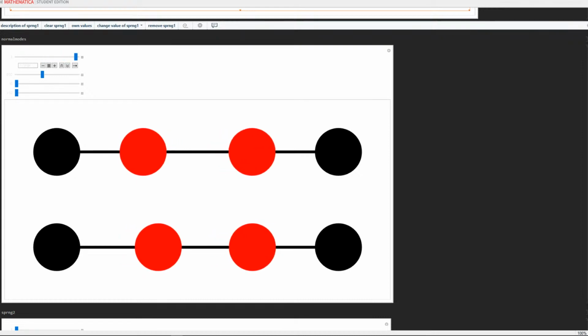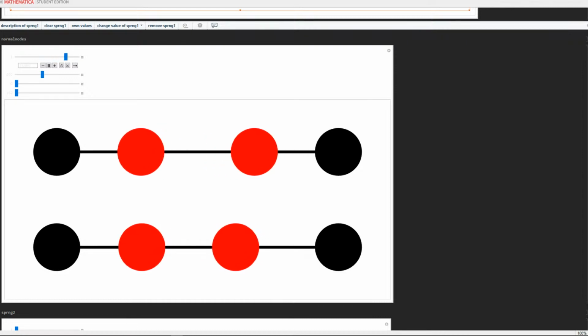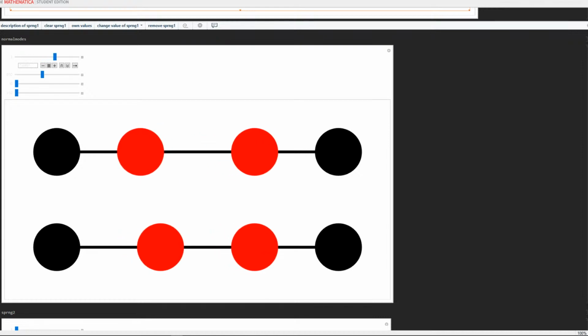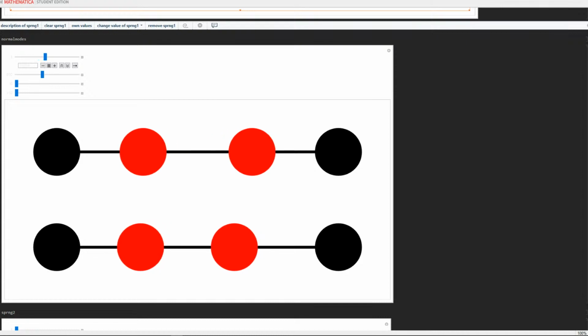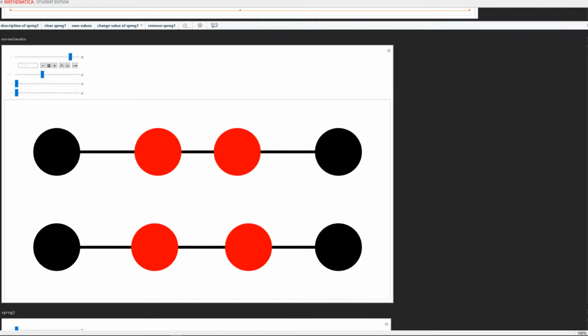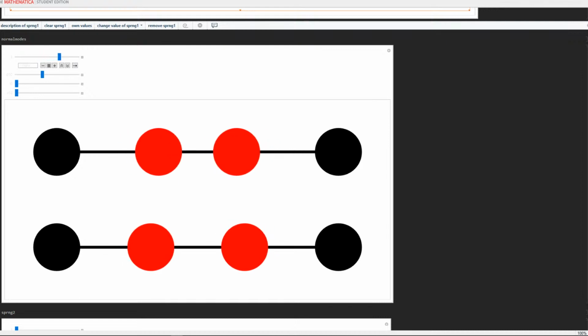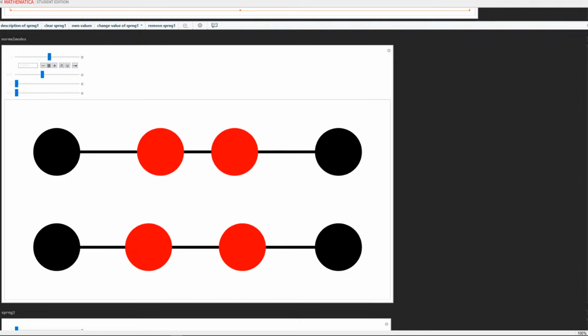And then I have a fast oscillating mode, which is essentially the two oscillators always oscillating out of phase. So one's always going in the complete opposite direction as the other. And so these are just the two normal modes, as we call them.